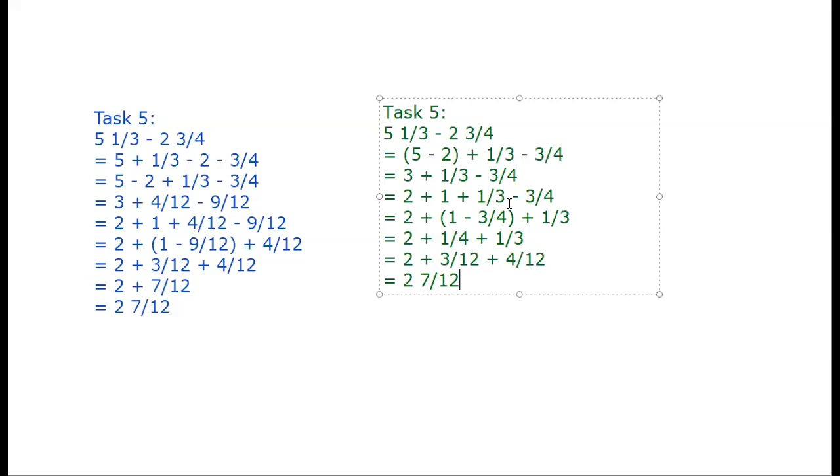Whereas here, the moment you do a 5 minus 2, you immediately get a sense of how big the number is going to be. So you have a better approximation of the answer from the beginning. That's one advantage. The other advantage is that the numbers don't get too big. So that's the second advantage.